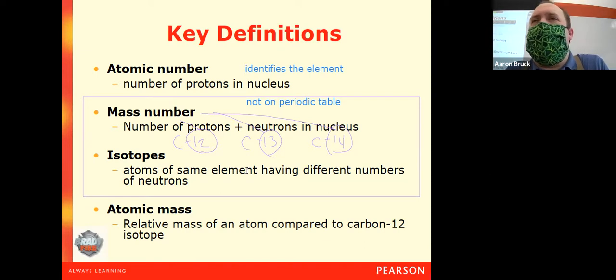It'll inevitably come that on exam 2, when we cover this concept, and I ask you to give me the mass number for a particular isotope of phosphorus or whatever, there will be at least one, probably 2 or 3 of you that will write down the atomic mass of phosphorus from the periodic table, as opposed to looking at how many protons and neutrons are in that particular isotope in the problem.